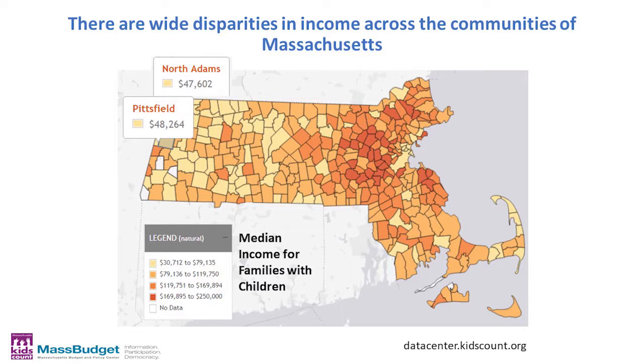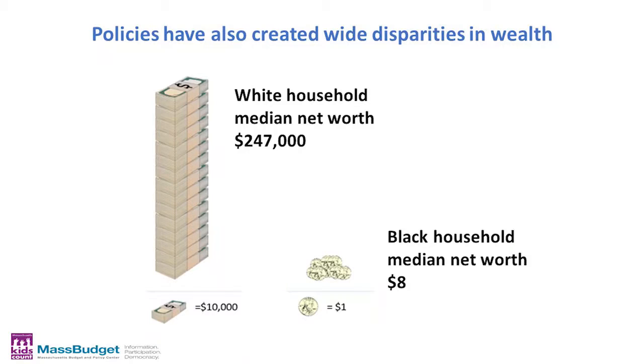We said that the median state income for families with kids is about $96,000. But in our communities up here, you can see it's about half that. So there are enormous disparities across the Commonwealth as well. And so it's really important when you look at statewide numbers to always dig a little deeper. By the way, these data are on the Kids Count Data Center. You can get all of these numbers in the map as well.